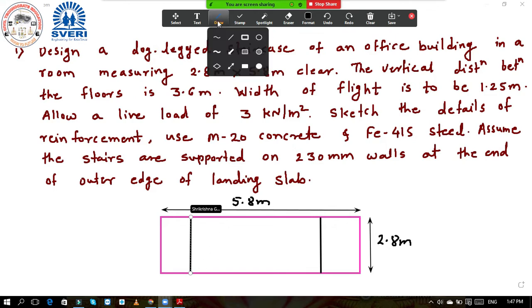Now this is your landing slab, and this is your approach from which you will start to climb the stairs, and these two will get separated from here.